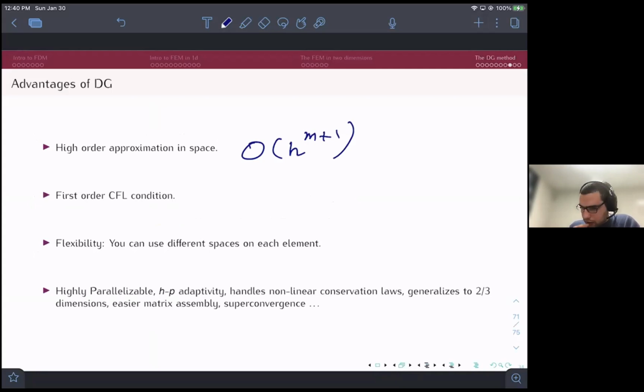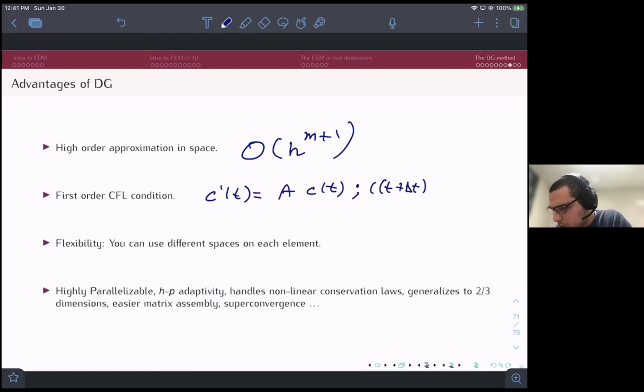Next, the CFL condition. If you have not seen numerical analysis before, the idea is that I'm solving c prime of t equals A c of t. If I want to use an explicit time integrator like forward Euler, then c(t + delta t) equals c(t) plus delta t times c prime(t), which is equal to A c(t).